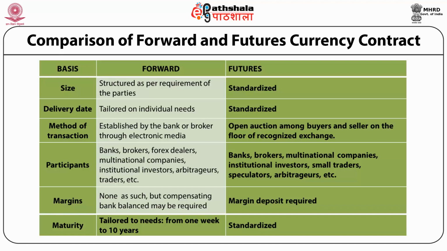The method of transaction in the forward contract is established by the bank or broker through electronic media. But in the future currency contract, it is an open auction among the buyers and sellers on the floor of a recognized exchange.